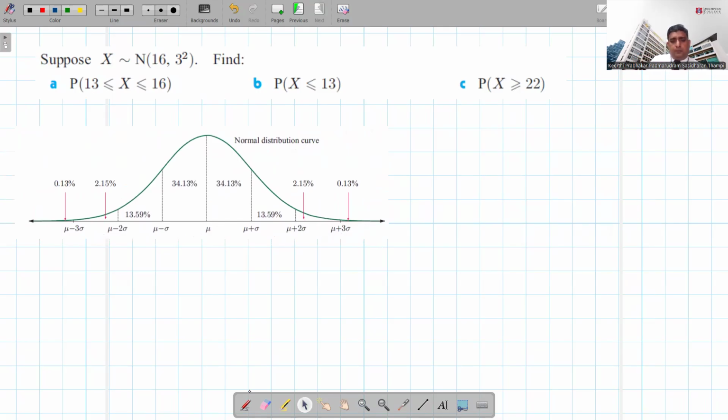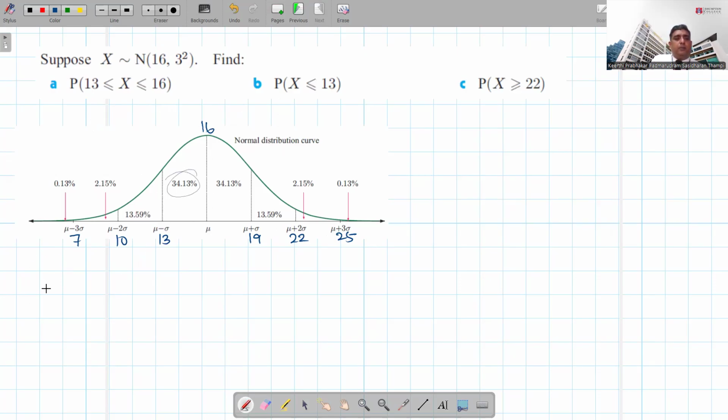This here is 16, this is 19, 22, 25, this here is 13, 10, 7. This can be any type of data, it doesn't matter what it is. So the question is, what is the probability of a randomly chosen data point from this data set being between 13 and 16? So 16 is here, 13 is here.